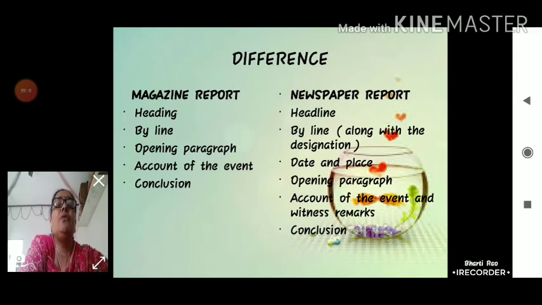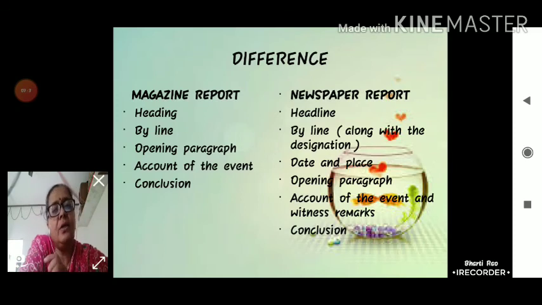Now, what is the difference between a magazine report and a newspaper report? In a magazine report, you have your heading, you have your byline, then your opening paragraph, and then the account of the event and conclusion. But when you are writing a newspaper report, you should always keep in mind first your heading, then your byline, then the date and the place.